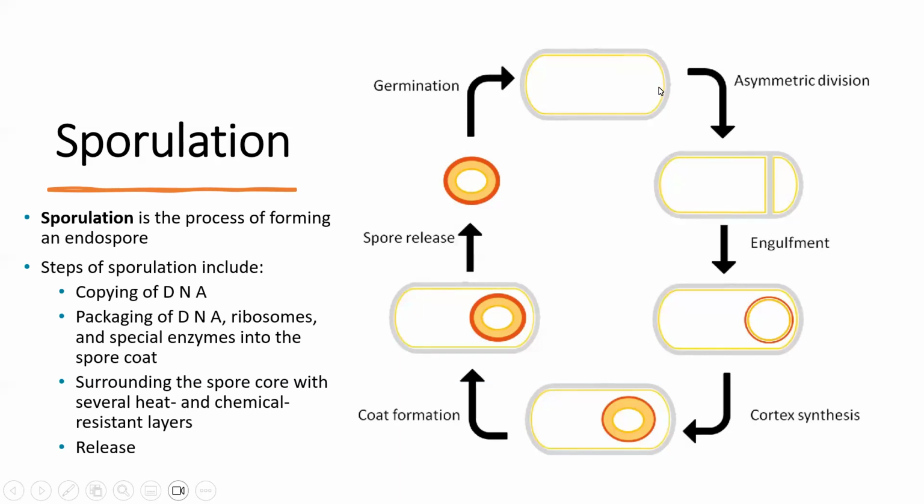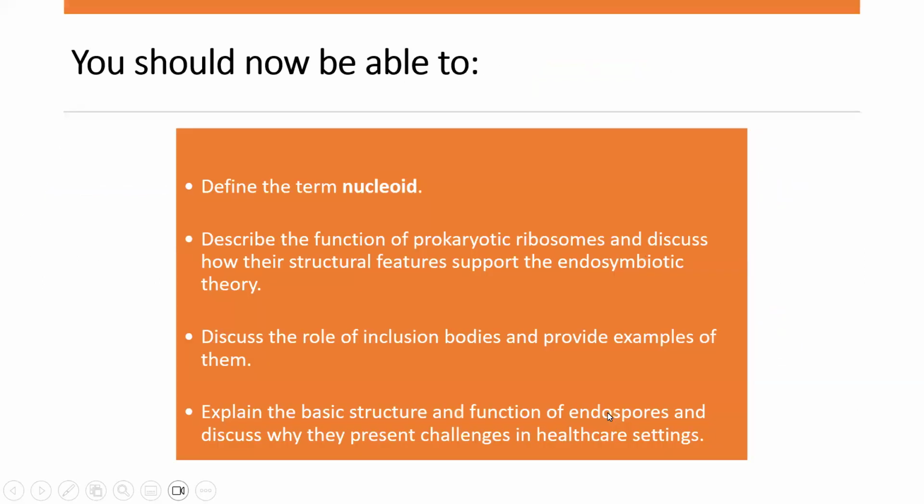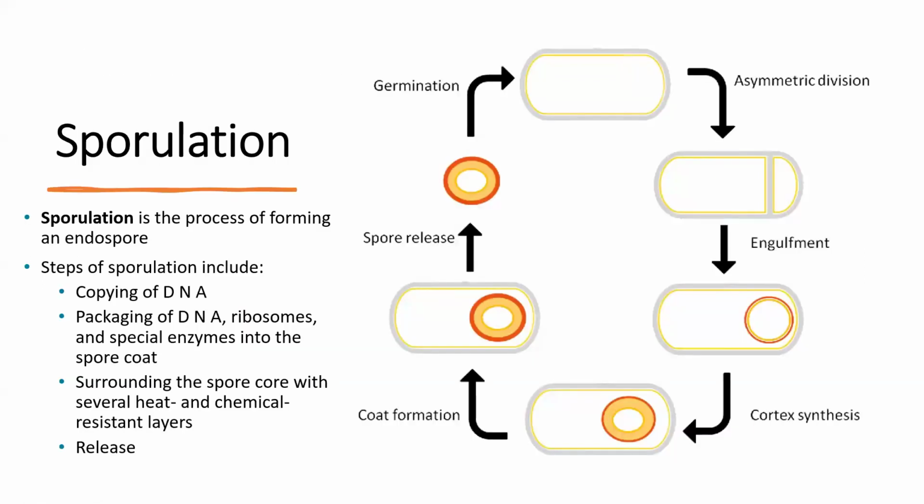So when we look here, we've got our cell, and it starts to engulf, right, where we get this asymmetrical separation, not a direct separation down the middle, but an offset separation. Then you start to form the spore and then the cortex, which is going to be some of the layers inside. It's going to have some of the stuff necessary for when they go to germinate later.